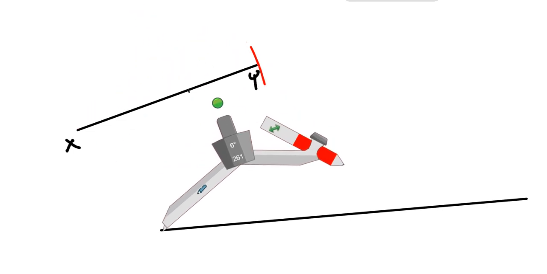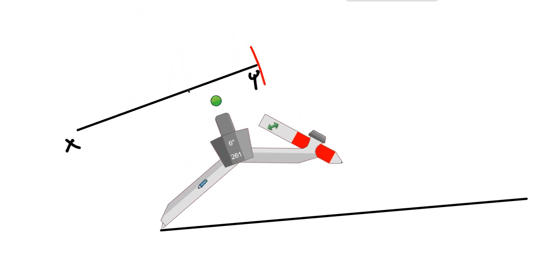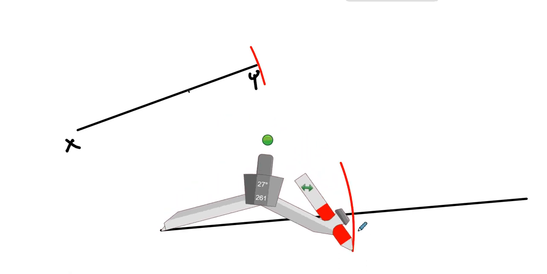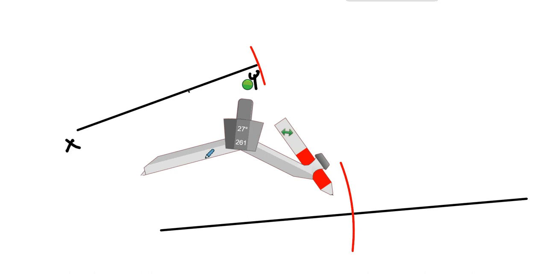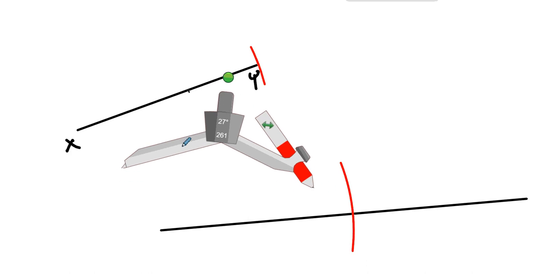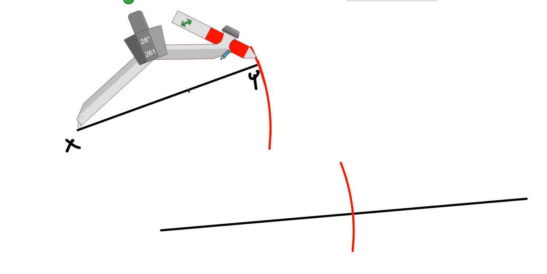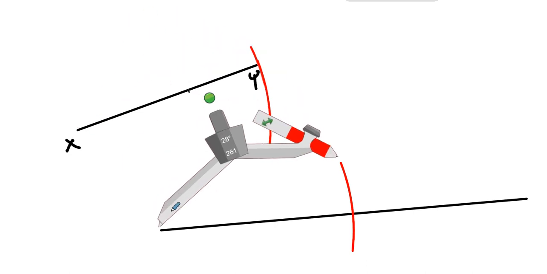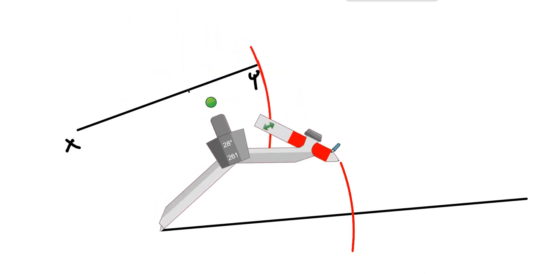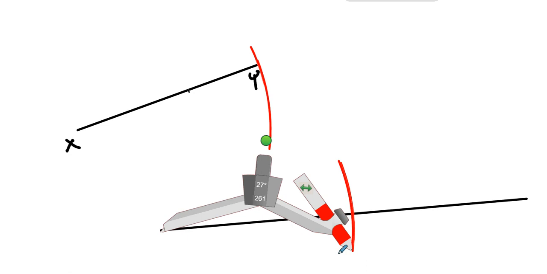And then we bring the compass to the longer line where we're going to make the copy, and we are going to make a similar arc. Because we didn't change the width of the compass anywhere, the distance we measured up here has to be the same as the distance we measured down here.